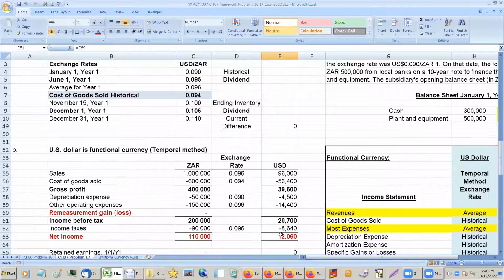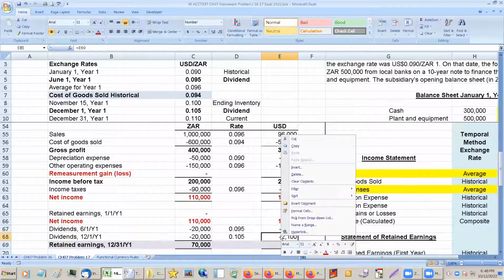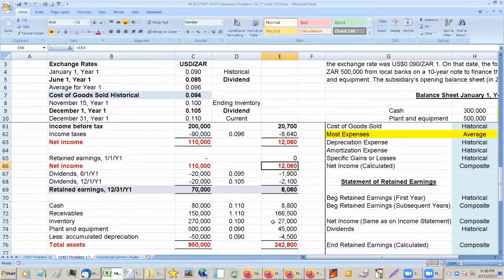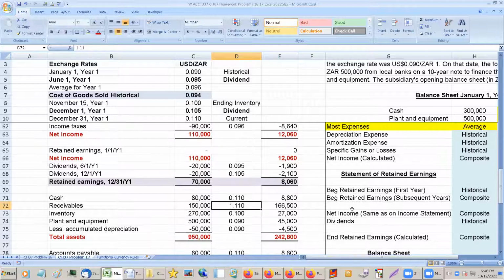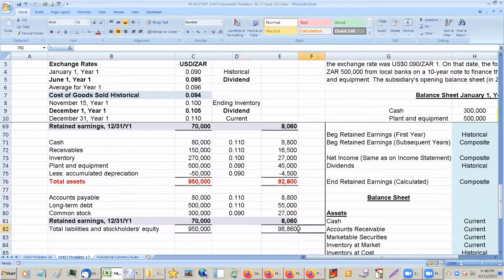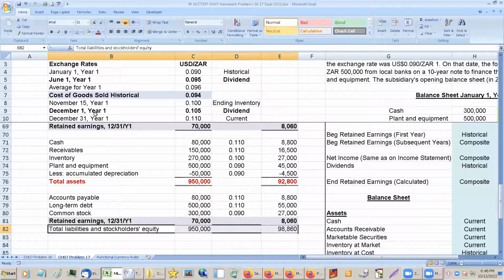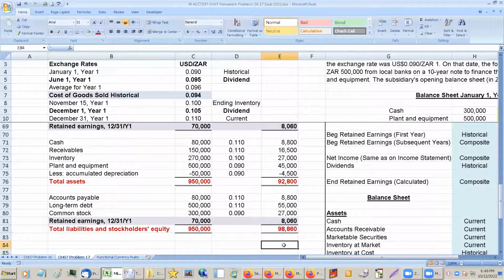Why is this off by so much? Receivable rates was, oh, 1.1. Yeah. Thank you. Okay, that looks a little bit more right. I apologize.